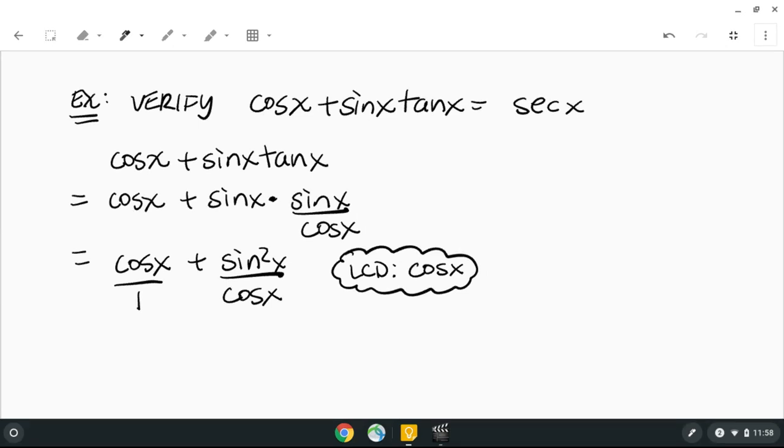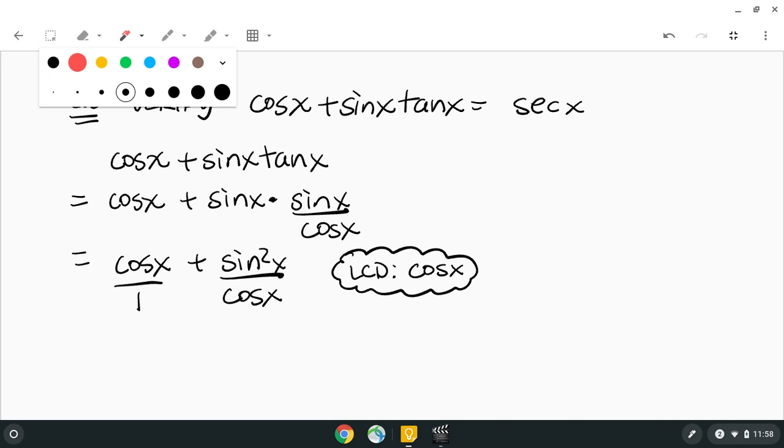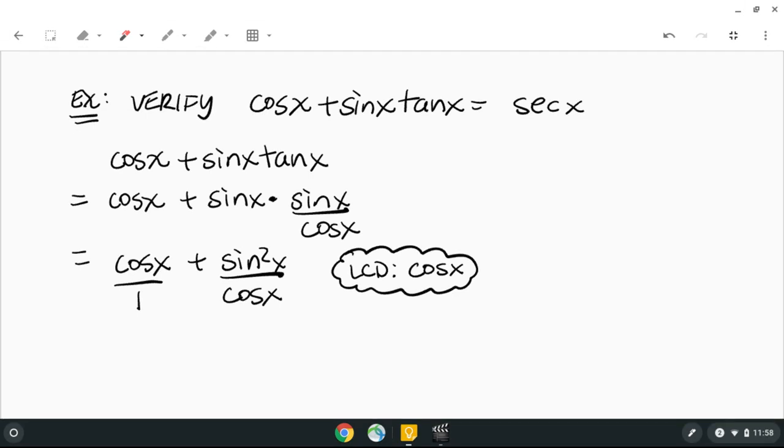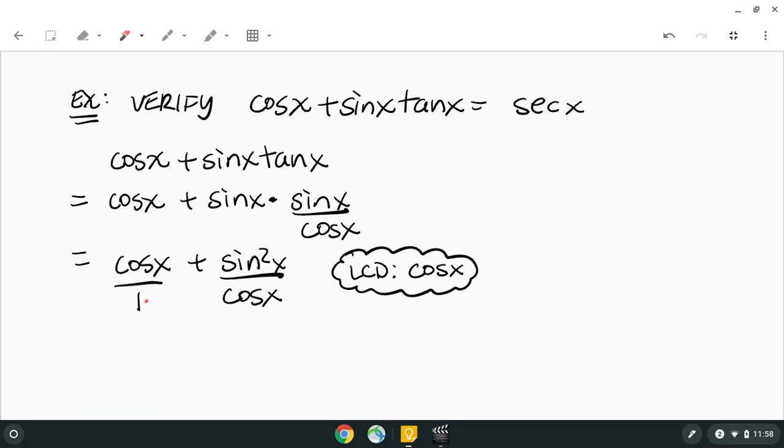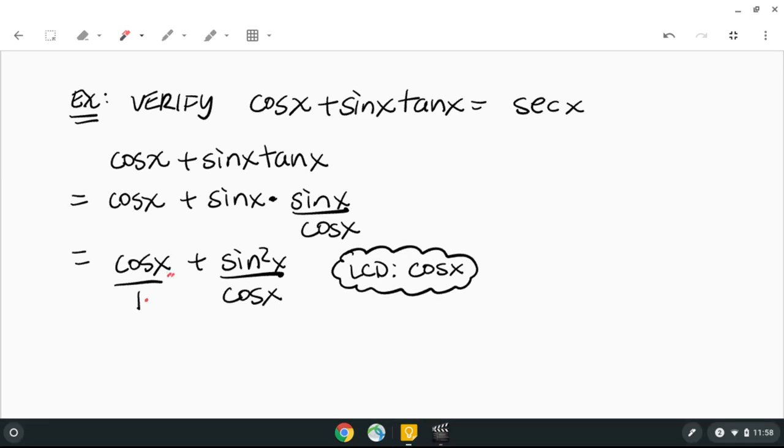On the right fraction I don't need to multiply by anything, but on the left I need to multiply by cosine x over cosine x, which is 1.